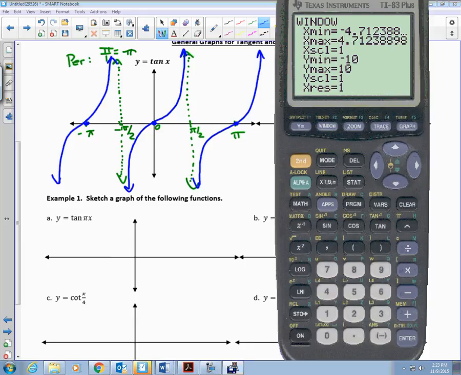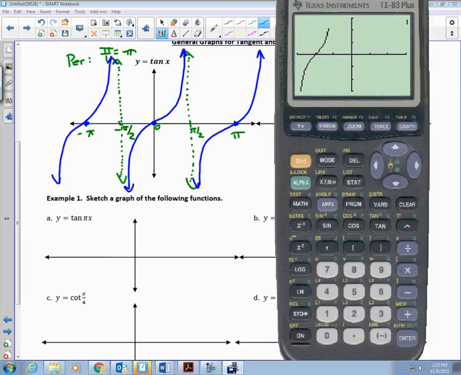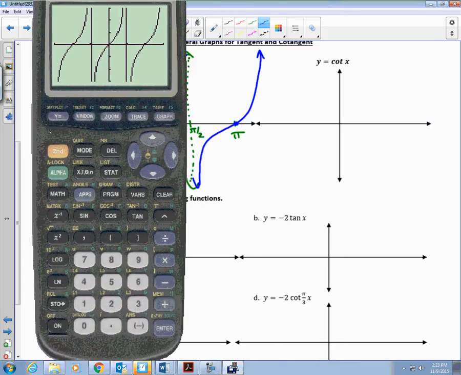And I have a tick mark every pi over 2. And I'm going to make my y min negative 3, my y max positive 3. And my graph, does that look like the graph that I have? Yeah. And I mean, that's pretty accurate, isn't it? And we sketched it pretty quickly. The other one is a little bit different.